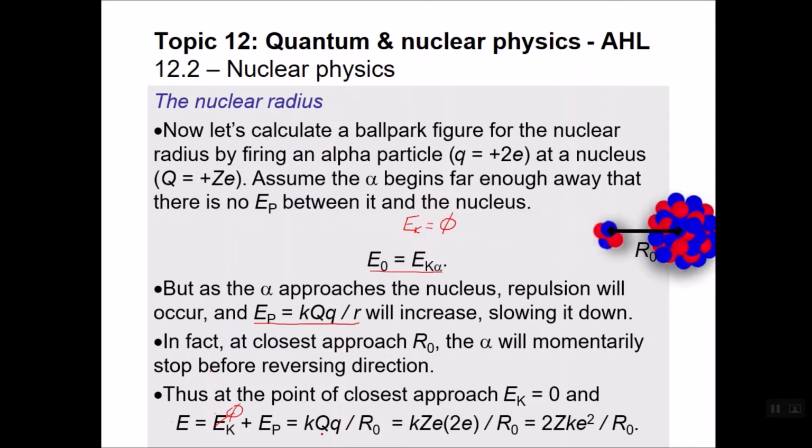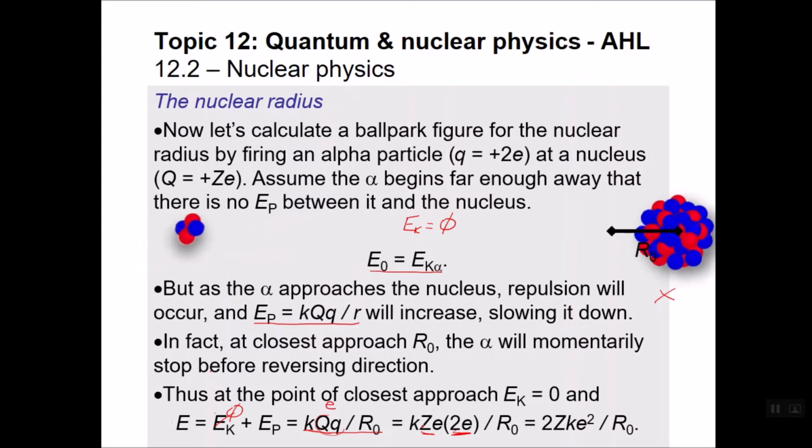So our potential energy is given by the Coulomb energy, and the charges here are the protons, right? A proton has a charge of e, 1.6 times 10 to the minus 19th, and the alpha particle has 2 of them, so it's 2 times e, and whatever nucleus that we're firing at here, it has a certain number of protons, whatever number of protons it is.